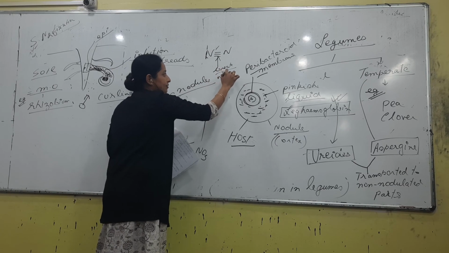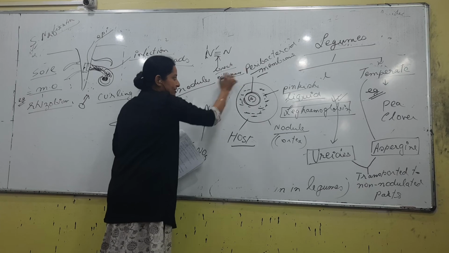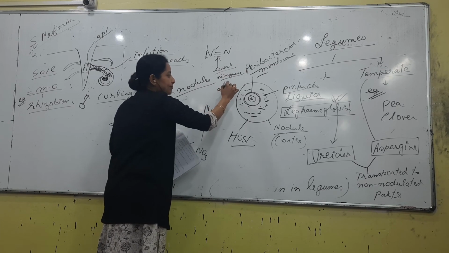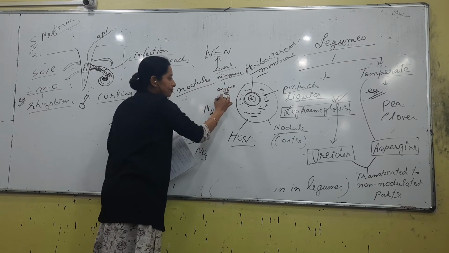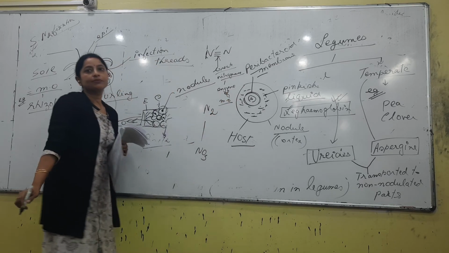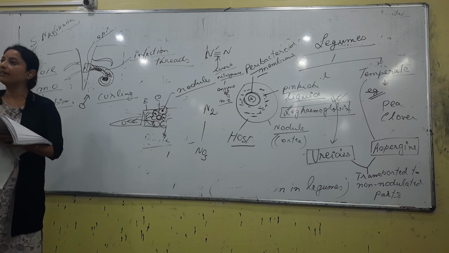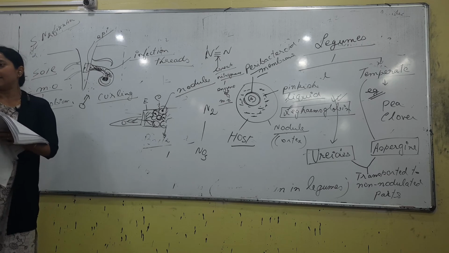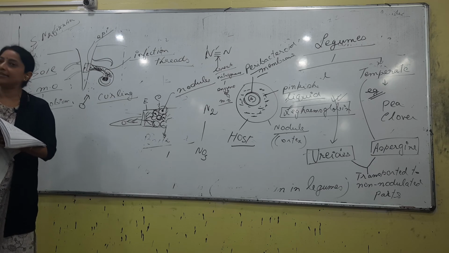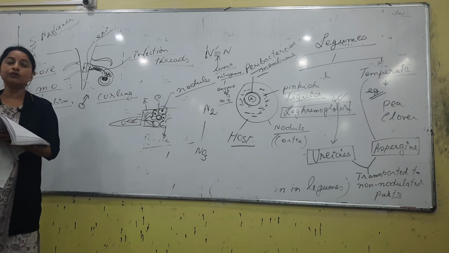Nitrogenase. What is nitrogenase? The enzyme of microorganisms. That is the reason why microorganisms can fix atmospheric nitrogen directly. The bond of nitrogen has to be broken, and when the bond breaks, it accepts oxygen. Who breaks the bond?